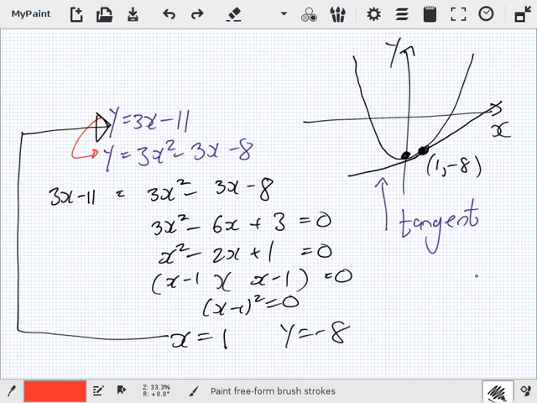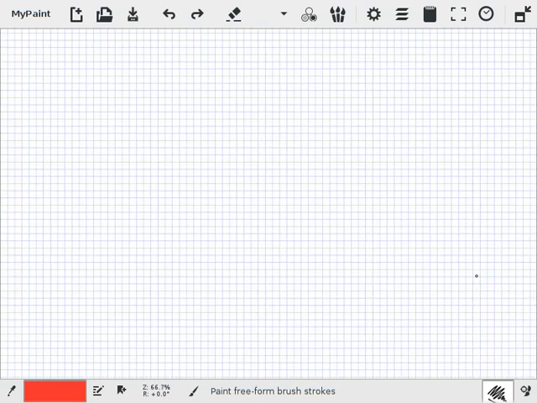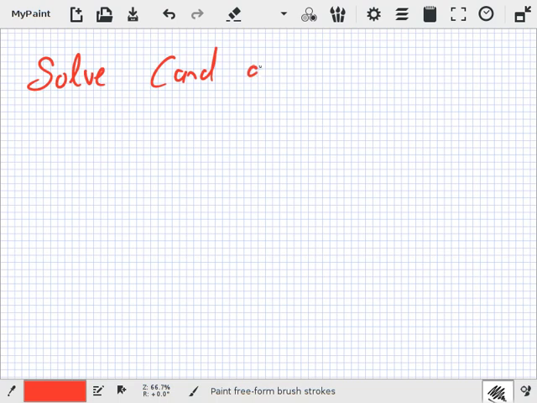All right, let's have a look at another one now. I'll give you one to try just to make sure you got the idea here. I'll just make it a tiny bit different. Solve and give a quick sketch.